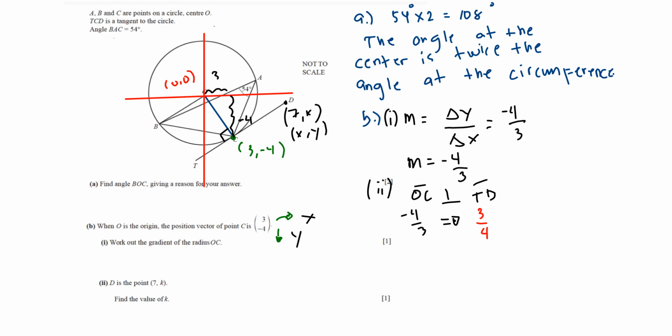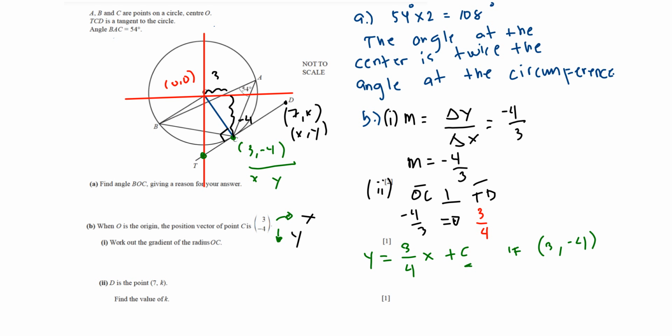So y equals 3/4 x plus c, but we don't have the y-intercept yet, so we need to find it first using a point on that tangent, which is point C. We have (3, -4), so x is 3 and y is -4, and we can substitute here and find c.